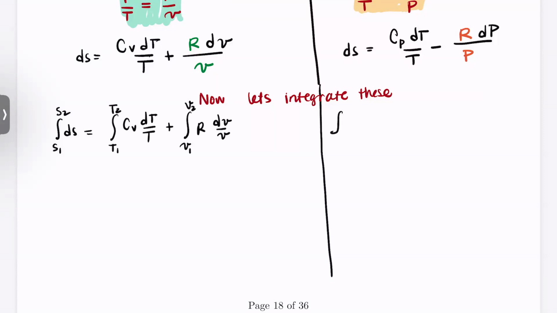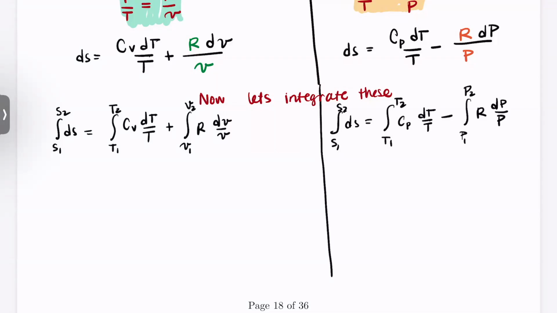So I'm going to integrate from S1 to S2, ds is equal to the integral from T1 to T2 of Cp dT over T, minus the integral from P1 to P2 of R dP over P.